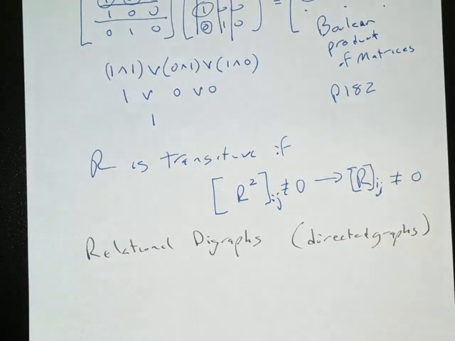A digraph, a directed graph. For those of you who are taking it, next semester's graph theory course is going to start here. A digraph is a picture of a bunch of dots where each dot represents one of the things in our set, and we connect things that are related.